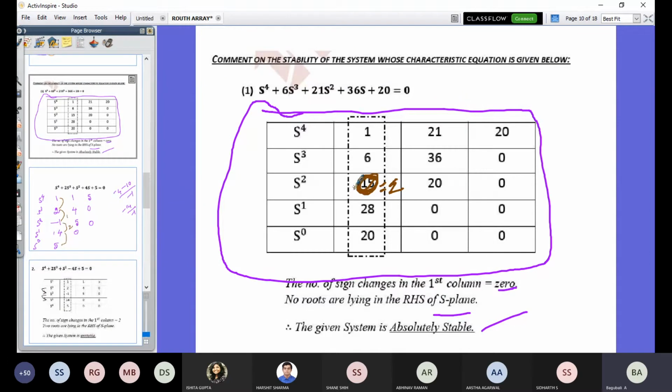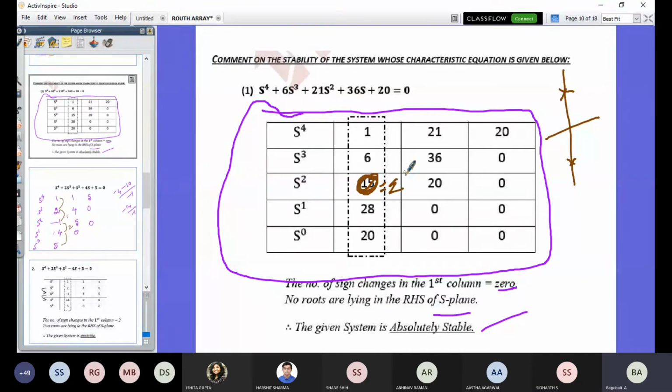Clear my point? It means that above and below epsilon, you can check if there are any sign changes. If there are sign changes, directly you can say the system is unstable. Suppose there are no sign changes predicted, it means that some of the roots are located on the j omega axis.